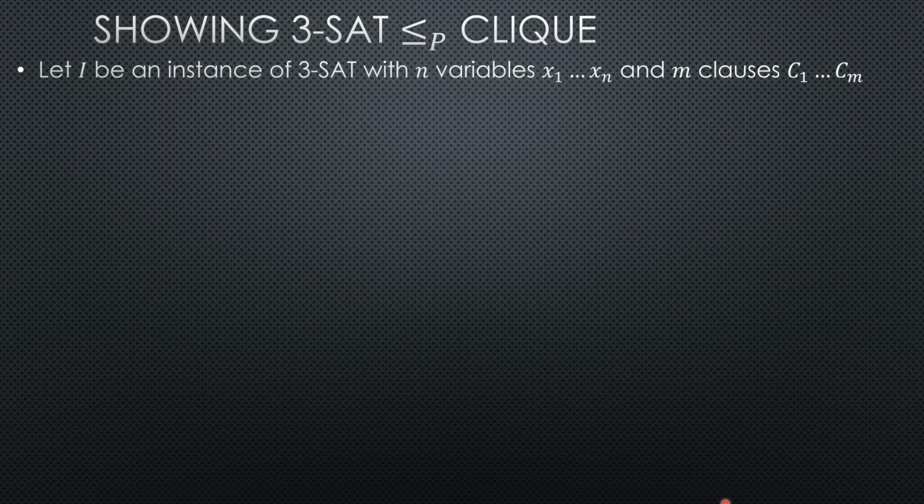Clauses are disjunctions, logical ORs of 3 literals, and there are m of these clauses, and the clauses themselves are anded together. So in order to satisfy the whole formula, you have to satisfy every clause, which is possible if and only if you can satisfy some literal from each clause simultaneously.